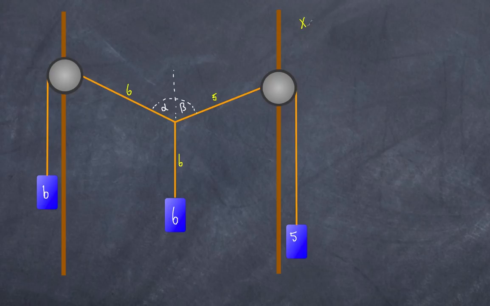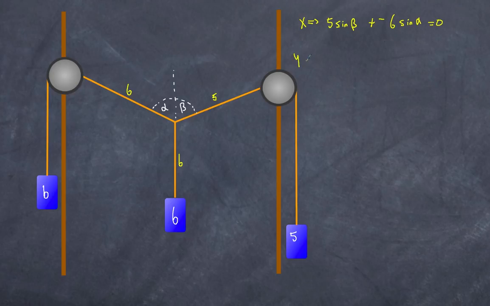So let's have a look at the x direction only. And so remember, we're dealing with this angle here. So we have 5 sine of angle beta plus the negative of 6 sine of alpha equals 0. And so we get an equation here where I have two unknowns, alpha and beta.